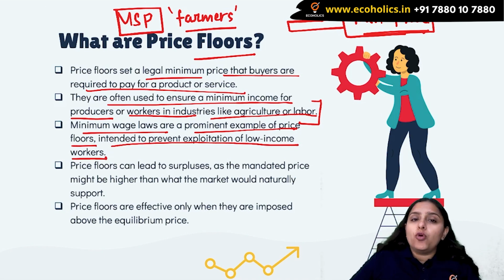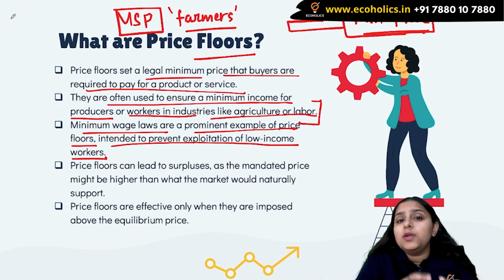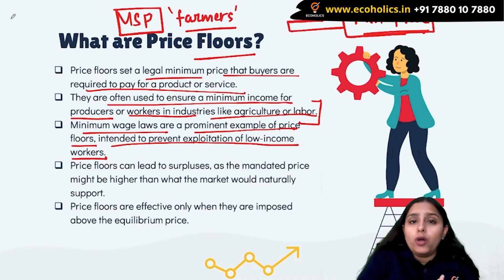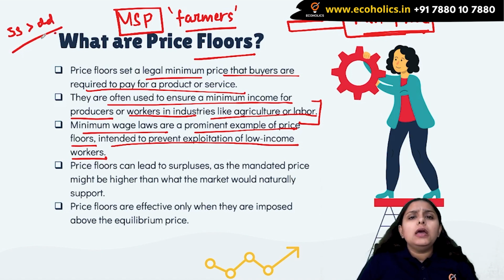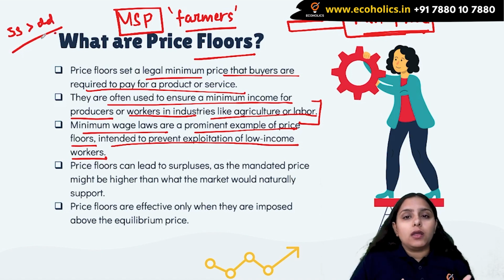So price floor, because the price is going to be the price at which you are supplying, that is the minimum price you are doing, right? So at the price floor, you will be having more supply than demand. Now let us say there was a factory which was hiring people for 100 rupees a day.